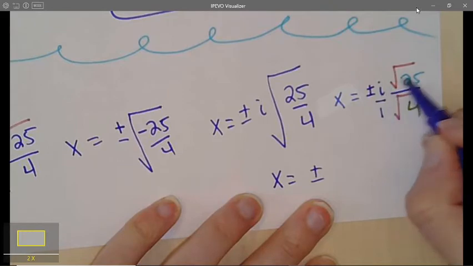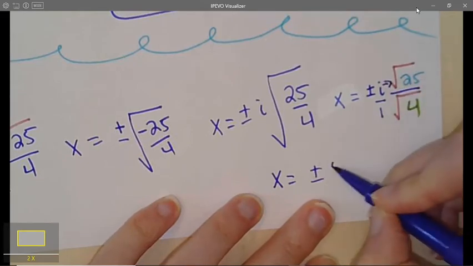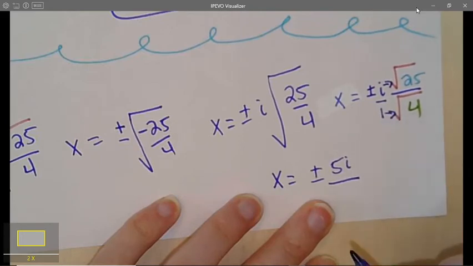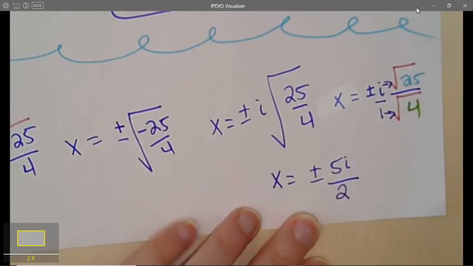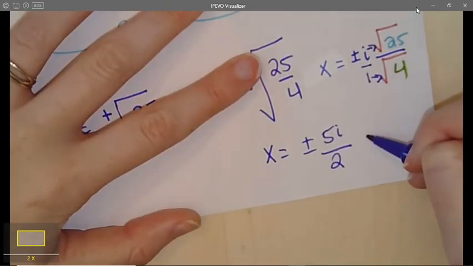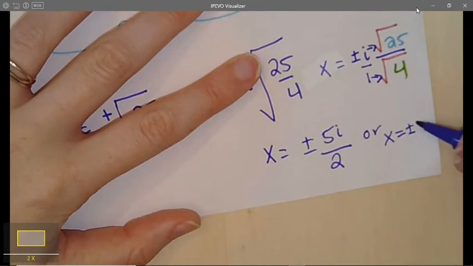It's kind of like i times the square root of 25 and 1 times the square root of 4, which the square root of 25 is 5, so it's 5i over 1 times the square root of 4, which is 2, so 1 times 2 is 2. So you could write it that way, you guys, or you could also write it like this: x equals plus or minus 5 halves i.